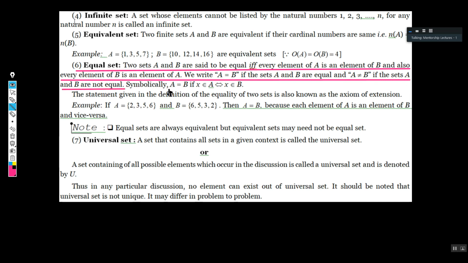Symbolically, A is equal to B if x belongs to A if and only if x belongs to B also. If you take an element in set A, that element must also be present in B. Then only we call them equal sets. But in case of equivalent sets, it need not be. For equivalent sets, the cardinal number must be same. That's it.